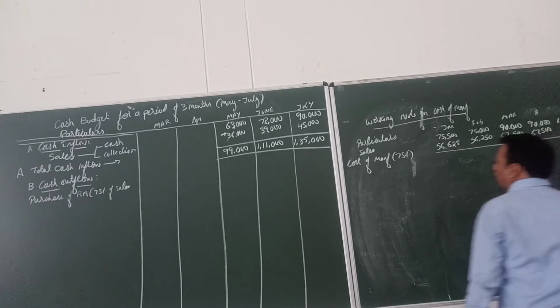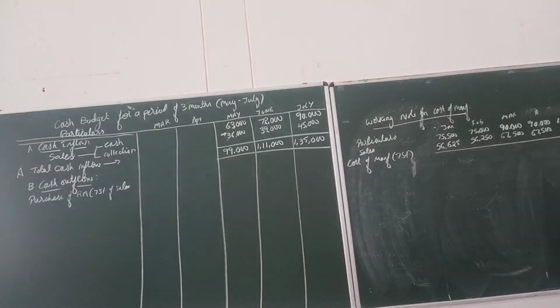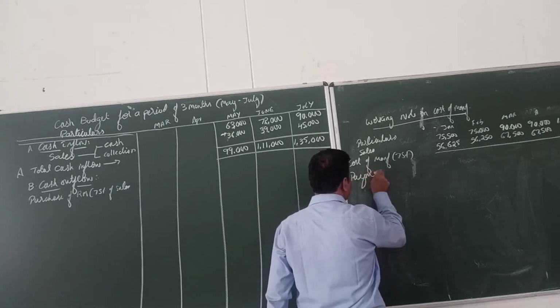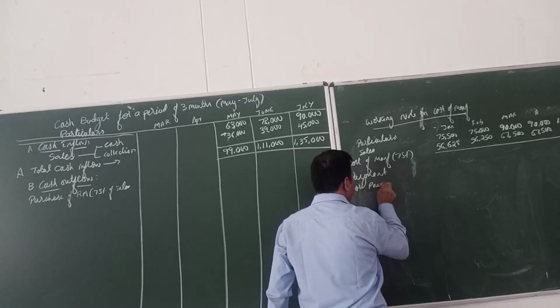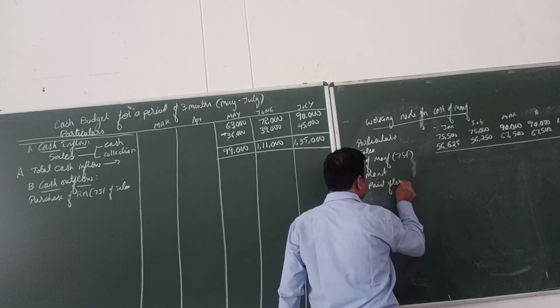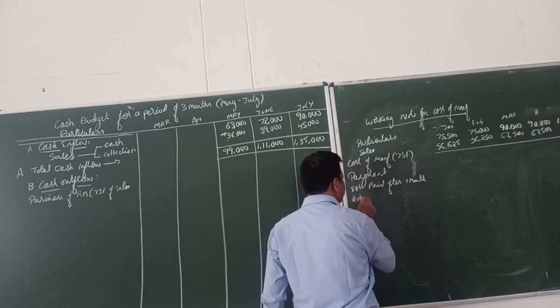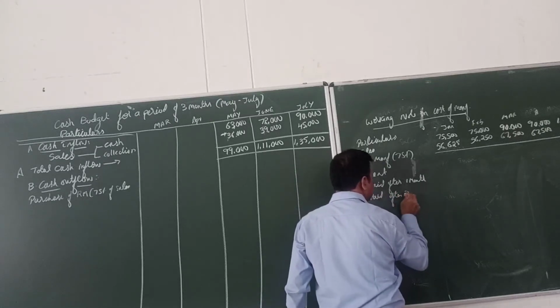Okay. And now what they said is 80% of the cost is paid after 1 month. Okay. That is, so the payment is net payment. 80% paid after 1 month, and the remaining 20% balance is paid after 2 months.